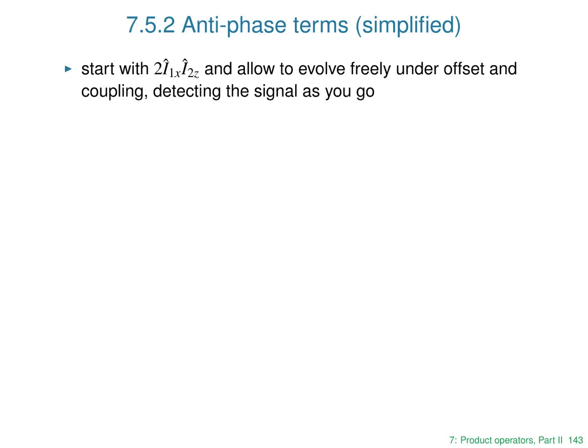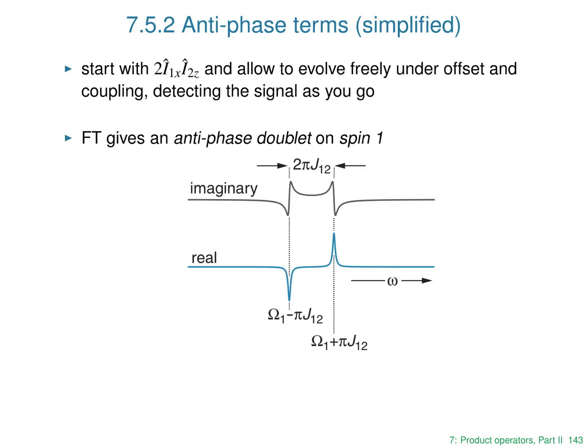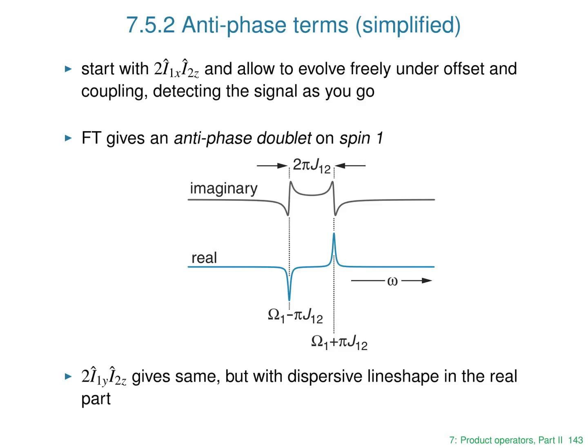Now, you won't be surprised to discover that if you take an antiphase term, like 2I1x I2z, and you allow that to evolve freely, what you get is, again, a doublet on spin 1, but this time the two lines are of opposite phase. One is down and one is up, and that's why it's called antiphase.